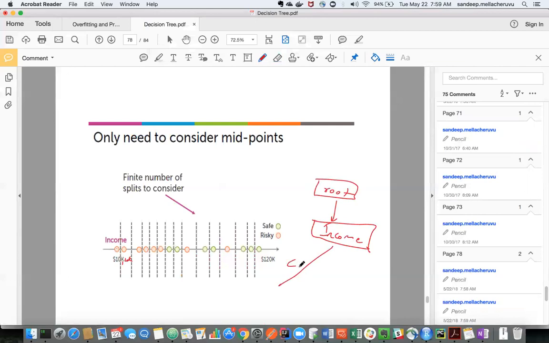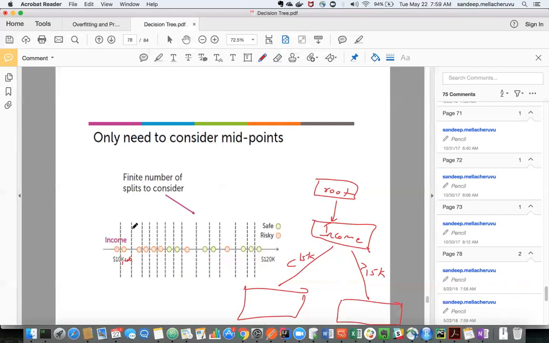Less than 15K is this side and greater than 15K is this side. You just count on the training data set, for less than 15K, how many safe loans are there? For greater than 15K, how many safe and risky loans are there? You get a classification error.